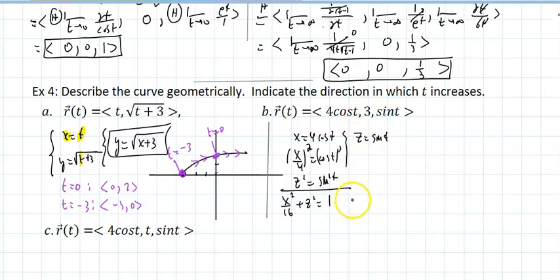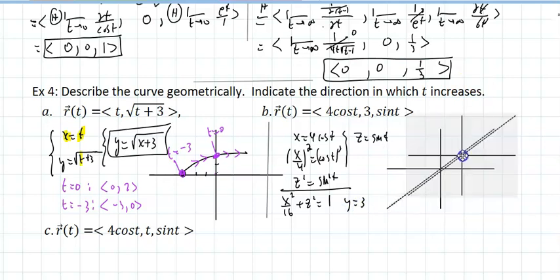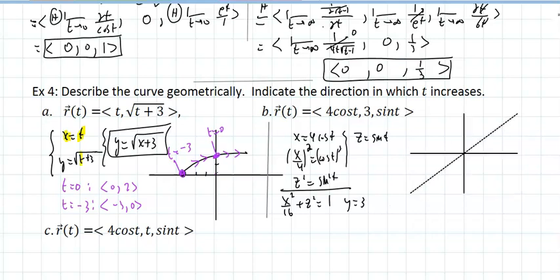And y is always 3. In 3D, what this indicates is y is fixed at 3. Here I am. And from that, I'm going to move 4 in the x and 1 in the z. And I have this ellipse.